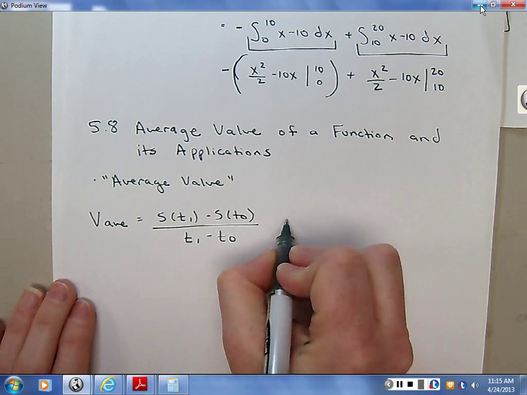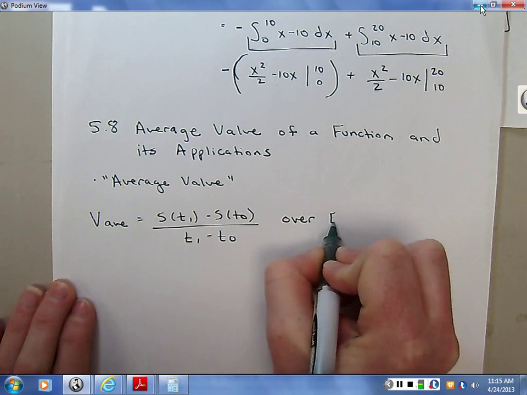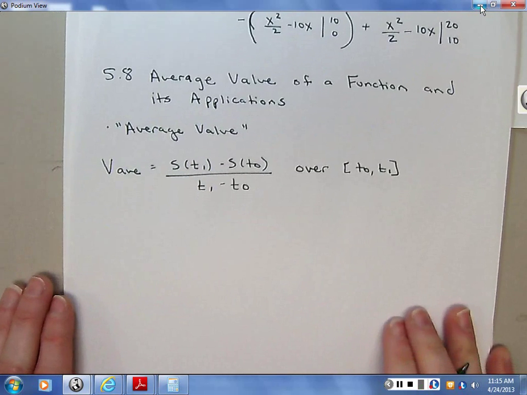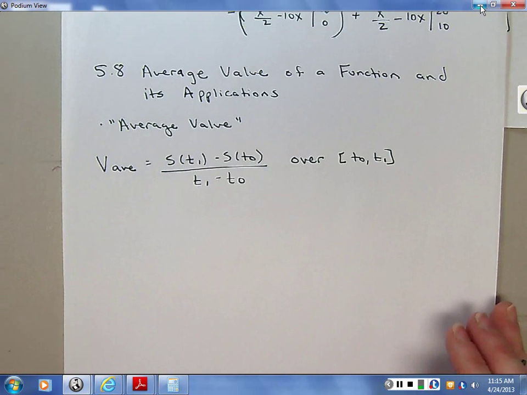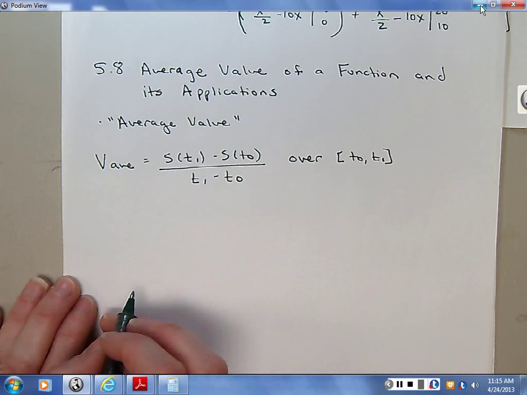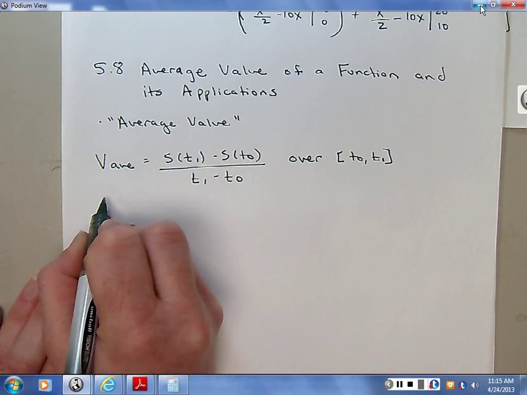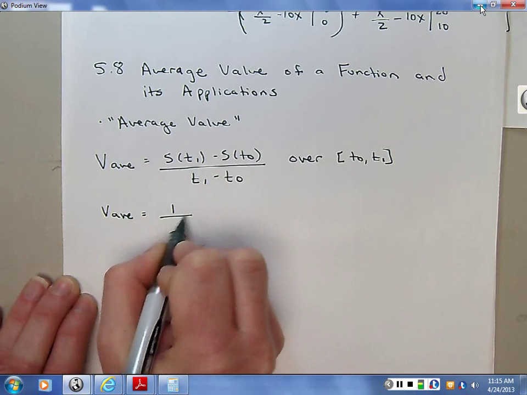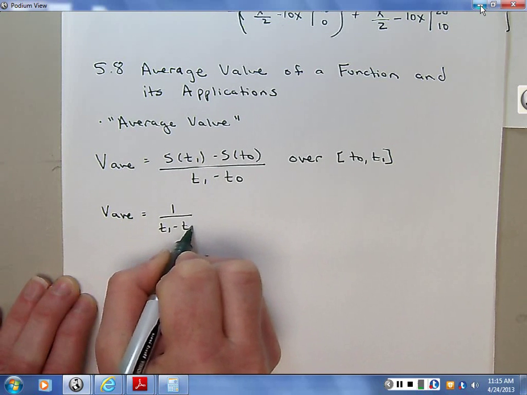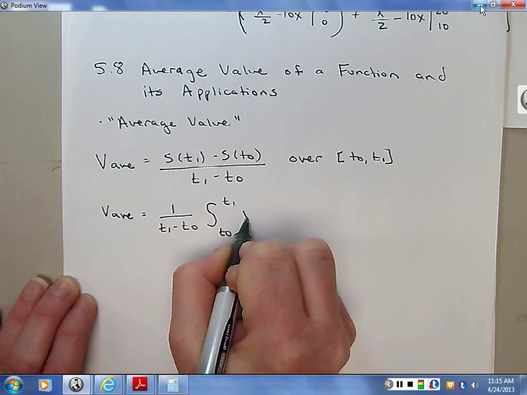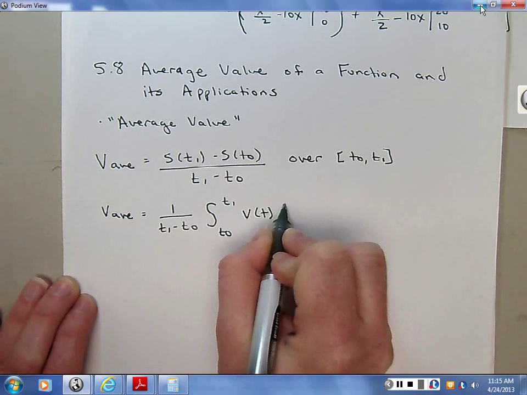So this is over some interval t0 to t1. This is with something that means something, velocity and position, right? It turns out another way to write this in calculus would be 1 over t1 minus t0, the integral from t0 to t1 of the velocity function.